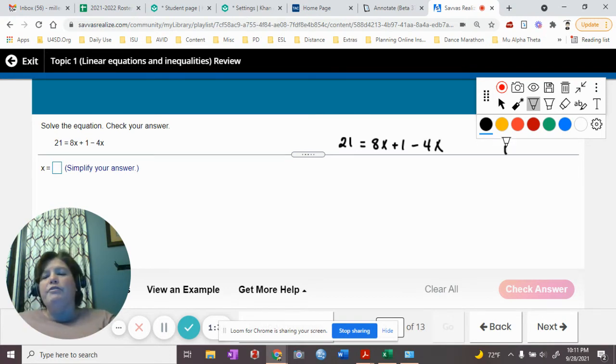So remember, our first step is to simplify. And if I am going to simplify, that means I need to see if I can distribute, if I have any like terms that I can combine, or if I need to get my variables on the same side.